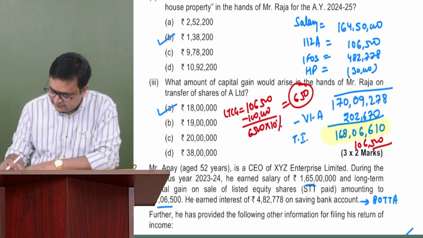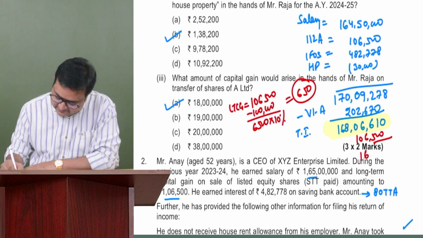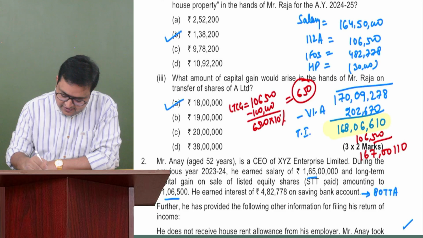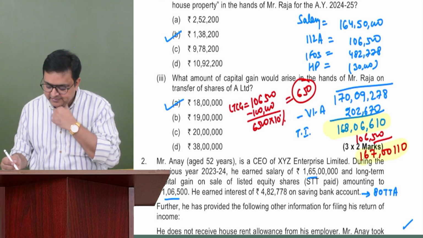I'm running short of space. So we have to apply slab rates on 167,00110. We have to apply slab rates on this amount.